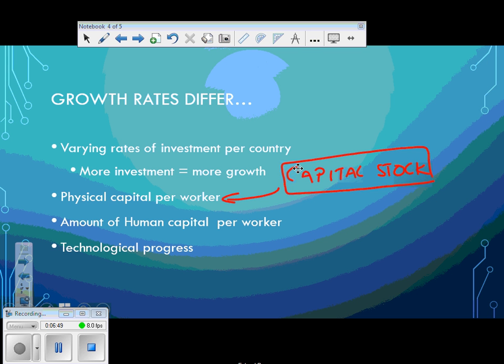Human capital per worker. 100 years ago, like a quarter of the population maybe graduated high school, and maybe 10% of the population graduated college. Now those numbers are more like 90% of students graduate high school, and I think almost half the country has at least some post-college training.